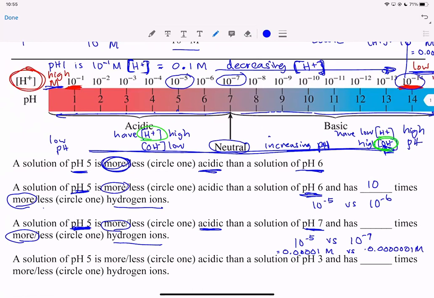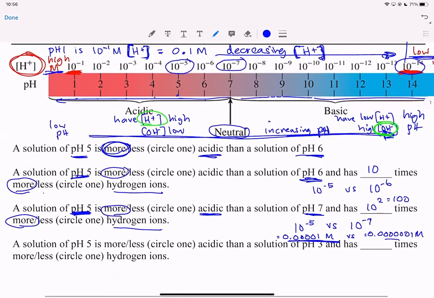Okay, and so this number is more, even though it's a small number, it's still a bigger number than this number. So that has 10 to the 2, or 100 times more hydrogen ions in the 10 to the minus 5, pH 5 solution.